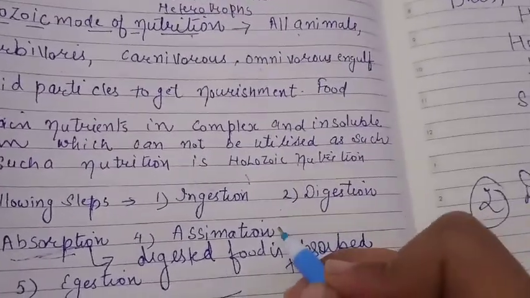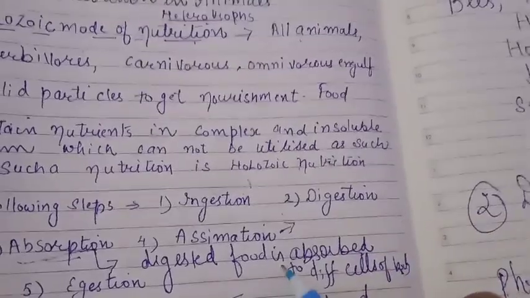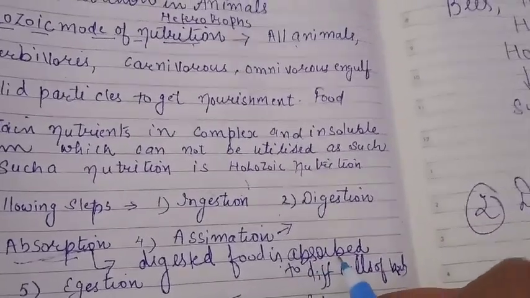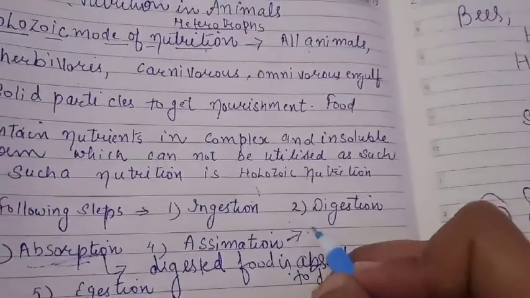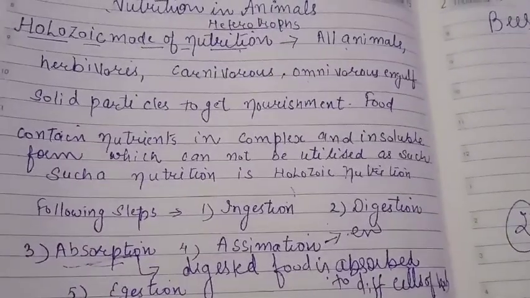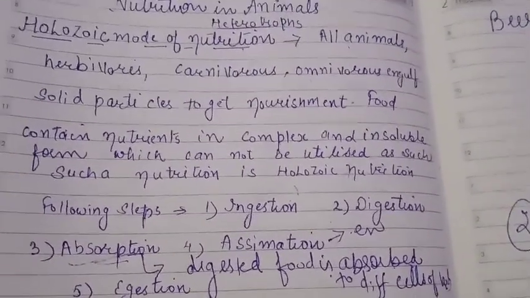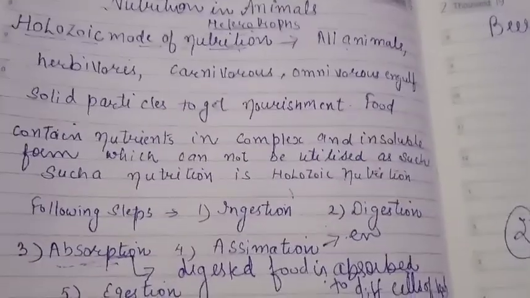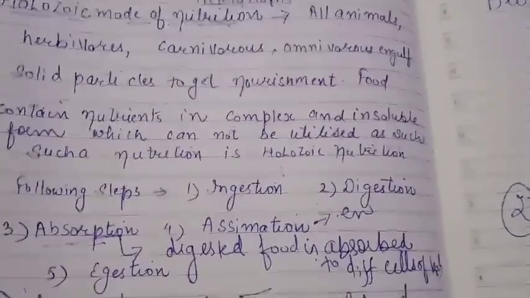After that, the fourth step is assimilation. The digested food which is absorbed is ready to provide energy. Now it is assimilated to the different body parts to produce energy.